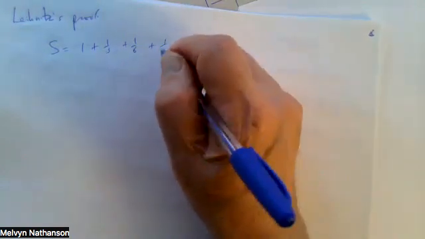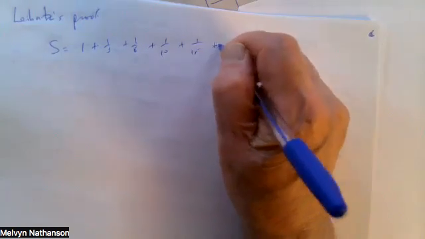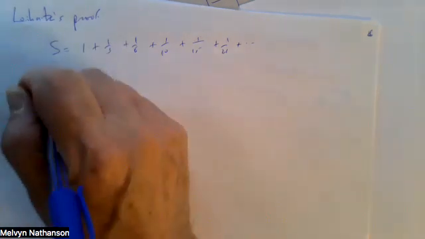I'm just going to do it in the sloppy way that people, in retrospect, we consider pretty sloppy because it doesn't satisfy modern standards of rigor, but you still got the right answer. So the first thing Leibniz did, for whatever reason, is divide by 2.